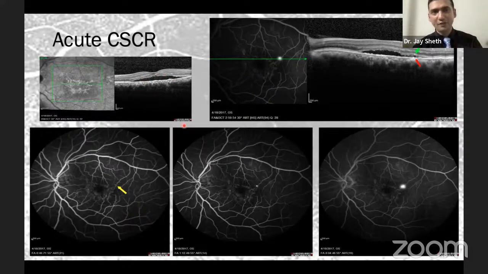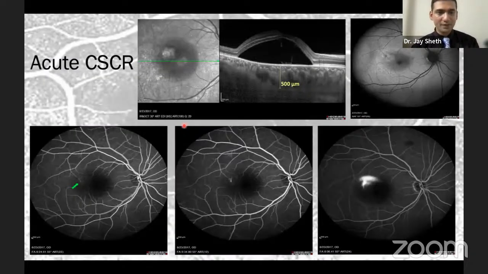Now, what is the other form of acute CSR leak that can be there? So this is the other form. Here in the early phase, we will see that classic point hyperfluorescence that increases in size, and it increases in intensity in the mid phase and the late phase, and at the same time, it acquires a mushroom kind of configuration because of the protein difference that is there in the fluid.